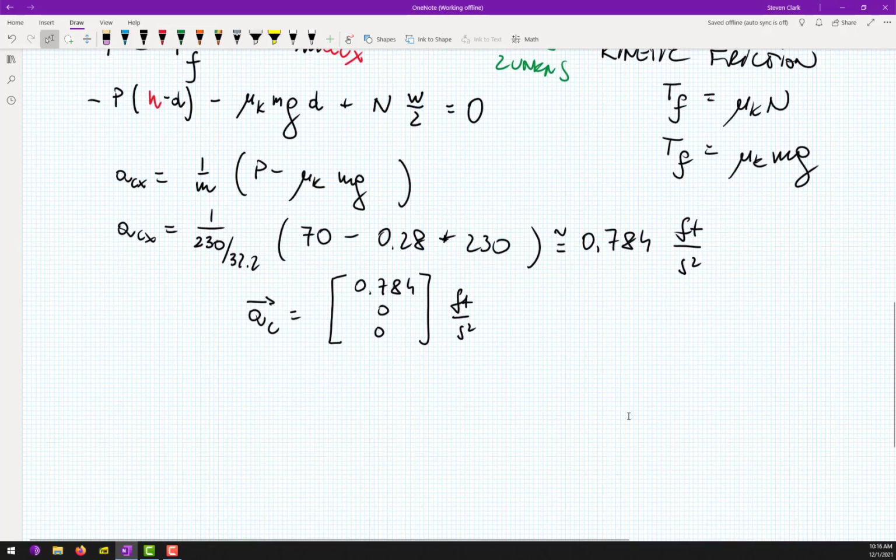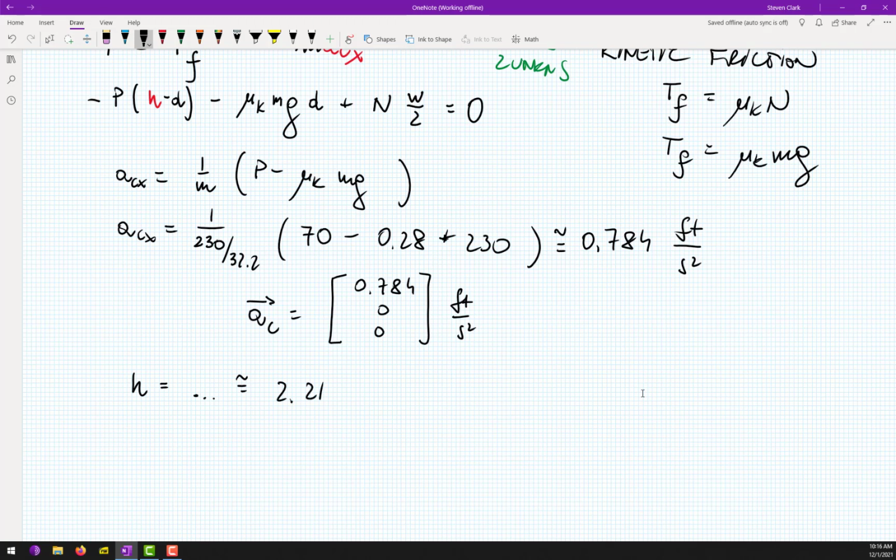Now if you want to find h from the other expression, grab your calculator, and obtain that h is approximately 2.21357 feet. So this is the height that guy can push the cabinet before it starts tipping over. If he pushes it a little bit higher, it will start tipping over.